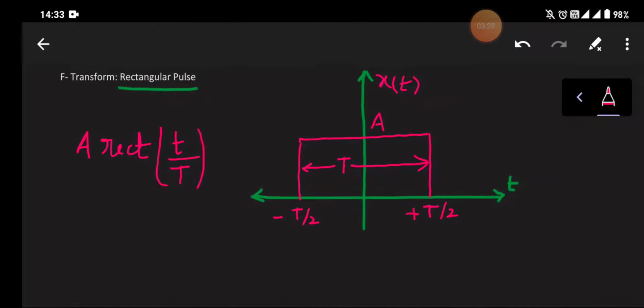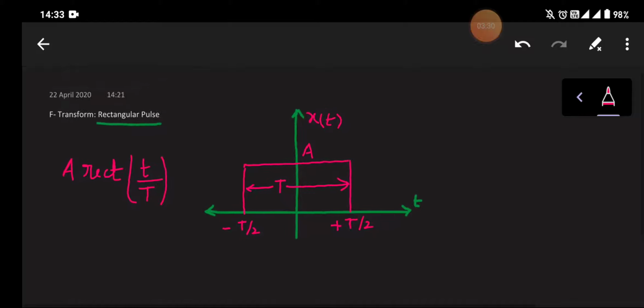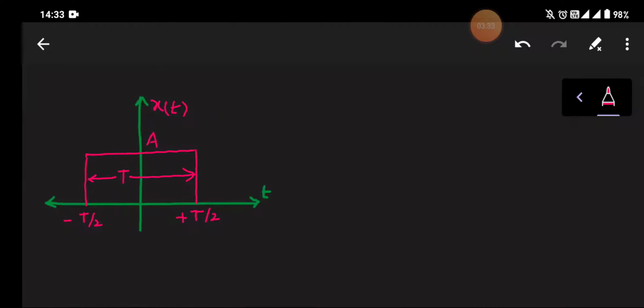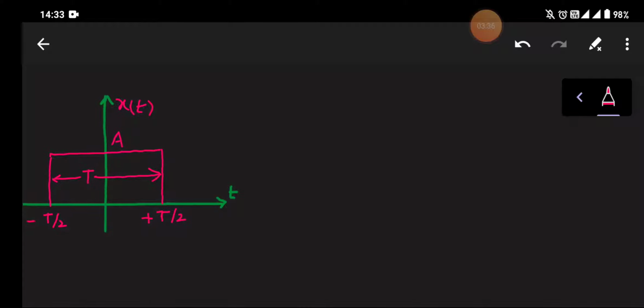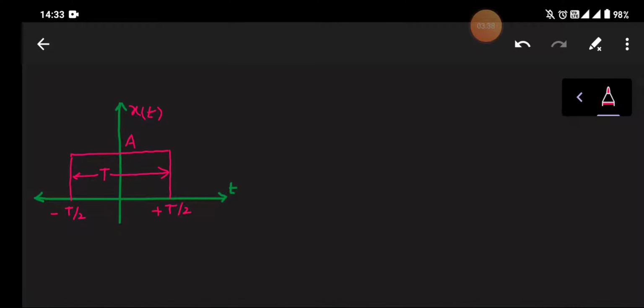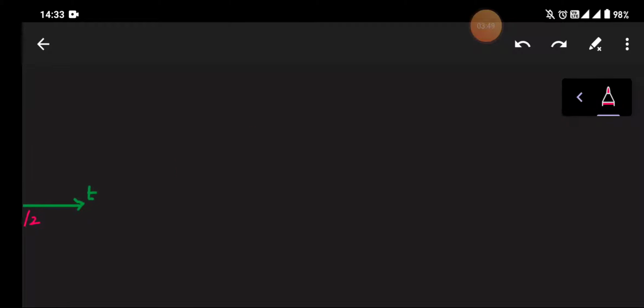Okay, so we wanted to calculate the Fourier transform for the signal. Let us see quickly how we can calculate it. First of all, you all know the Fourier transform of the signal, X(omega), is equal to the integral from minus infinity to infinity of x(t) e to the power minus j omega t dt.